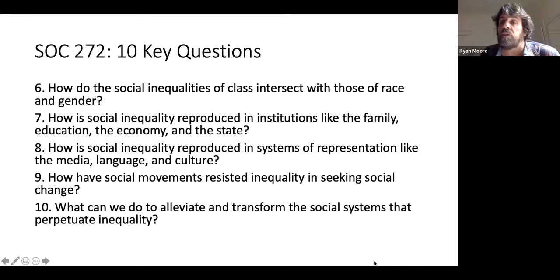And it also means that we look at movements for racial justice, for climate justice, for gender equality. These movements have been absolutely instrumental in creating a more egalitarian society.